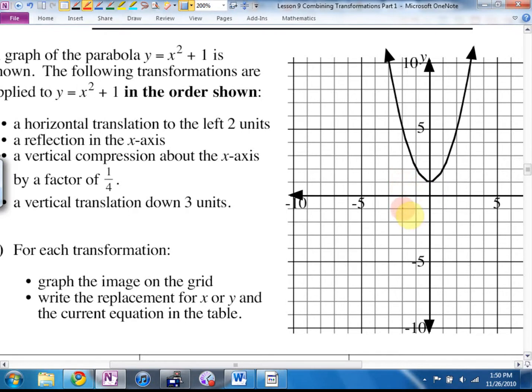What's the next one? Vertical compression by 1/4. Instead of -1 high, I'll be -1/4 high. I'll eyeball it. About there-ish. What's the next one? Down 3. 1, 2, 3. I think I'd end up right there. I don't like that hanging in midair, but I dealt with it.